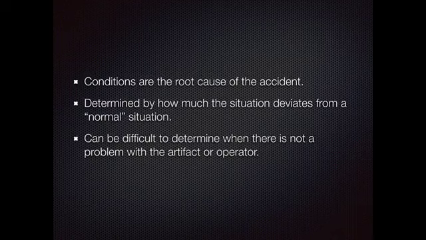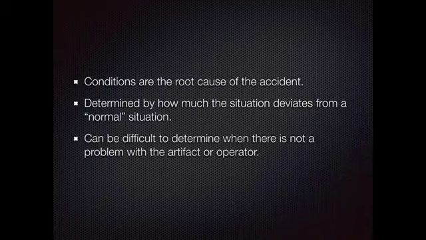And this is just what this chapter is highlighting: when these three causes of accidents, operator, circumstances, or the artifact, play off each other, sometimes it's partially operator error, sometimes it's partially circumstances, sometimes it's artifact. Sometimes it may be all of just one of these three. And this is where things become difficult. So conditions or circumstances are often a difficult way of determining the cause of an accident.